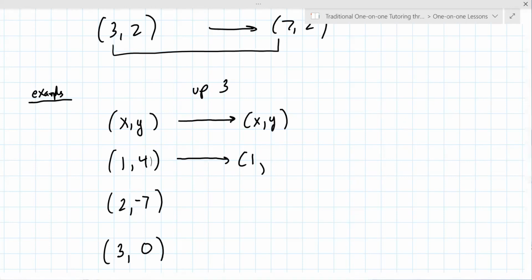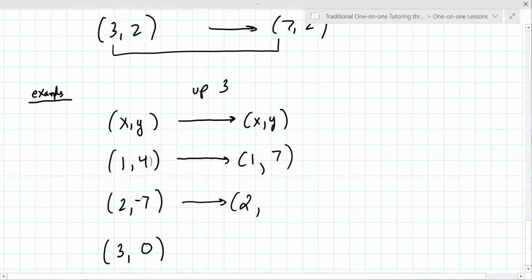That right there is gonna be 5. But you're adding 3, aren't you? Oh, yeah. Okay, 7. Very good. Now how about here? The X stays the same, but Y changes. You're adding 3 to -7. What does that become? Okay, so you have to add 3.